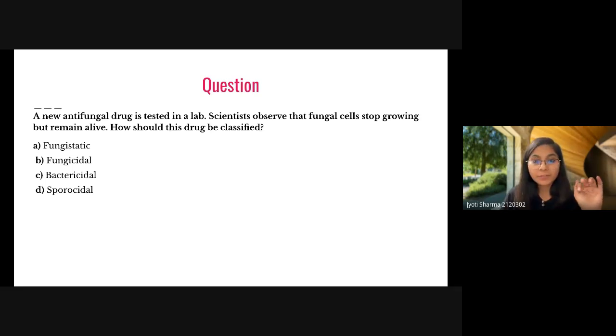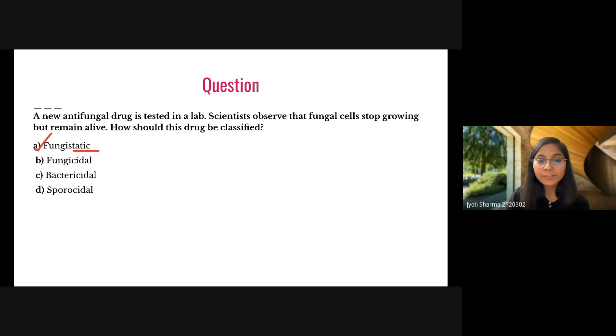Can you give me the answer for this? The cells are still alive, but the growth has been stopped. So what kind of drug have we used? This will come under fungistatic. Static means we have stopped the growth of that fungi, but it doesn't mean that we are killing it.